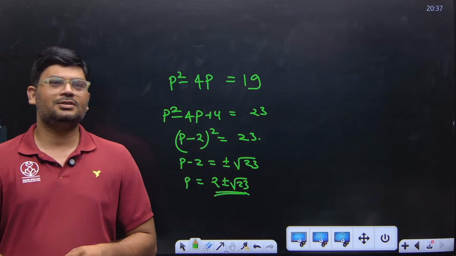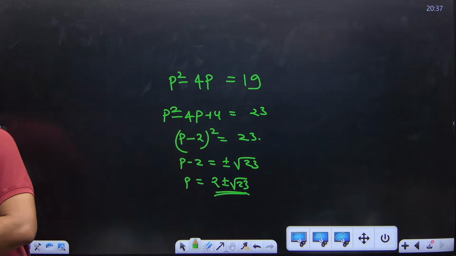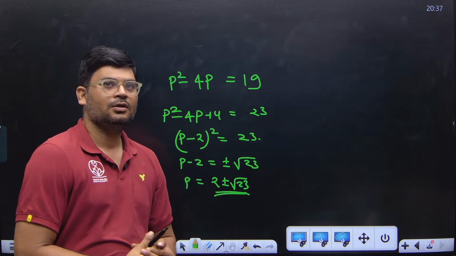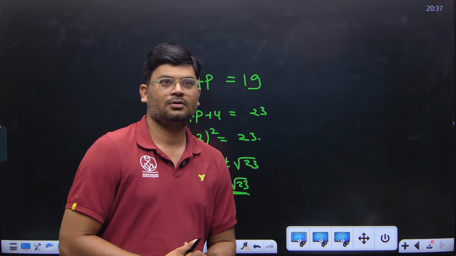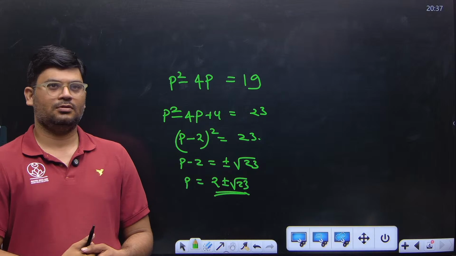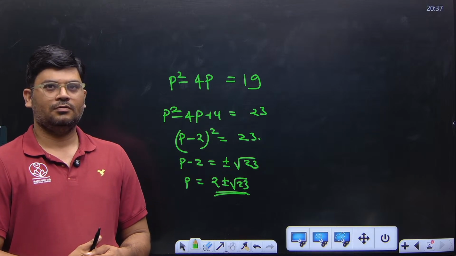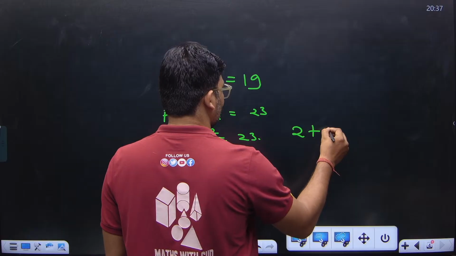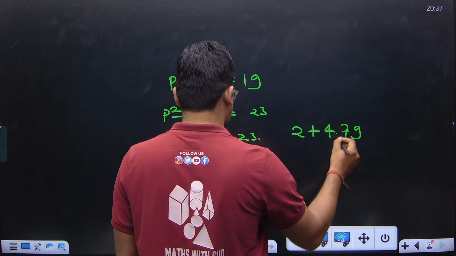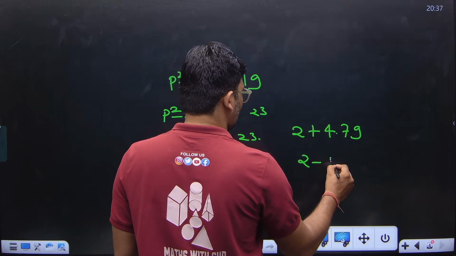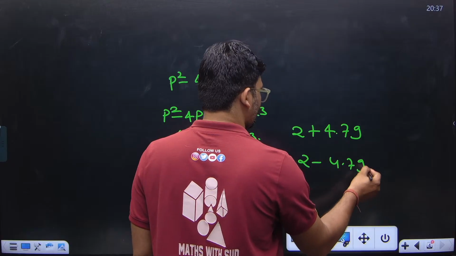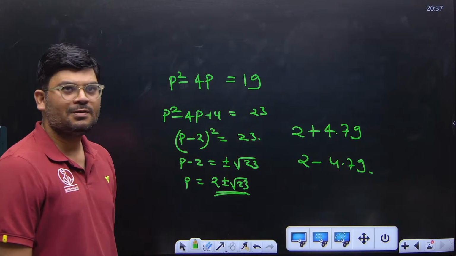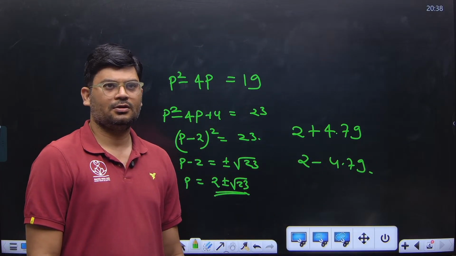So tell me what is the value of root 23? 4.79. So your answer should be 2 plus 4.79 and 2 minus 4.79. How many decimal places will the answer end with? Hundredths.